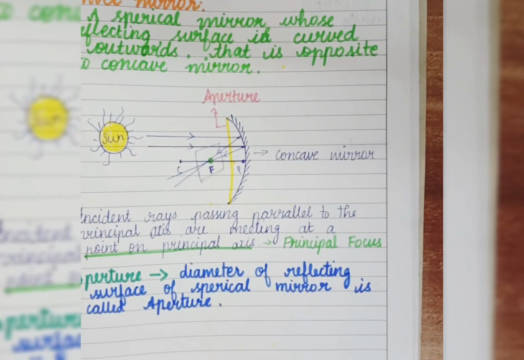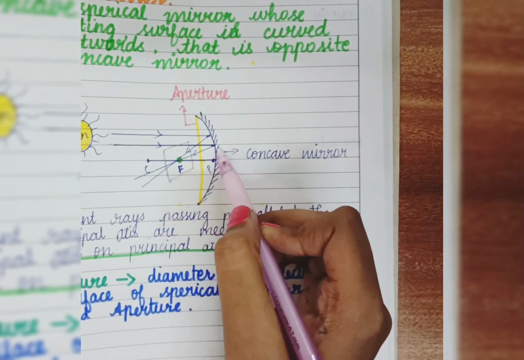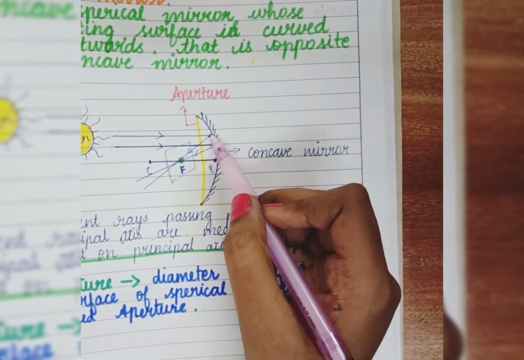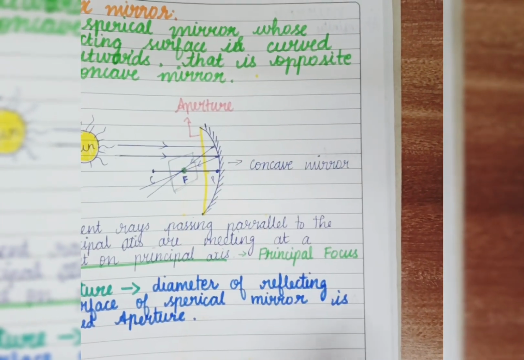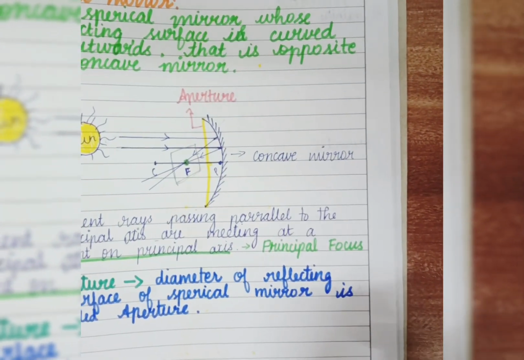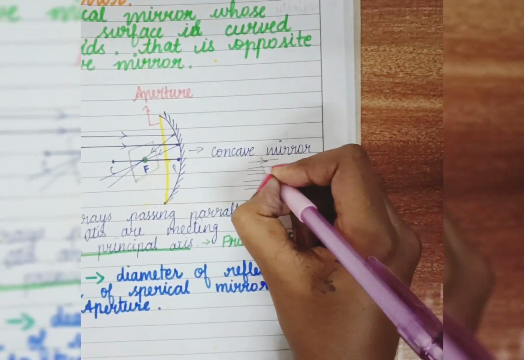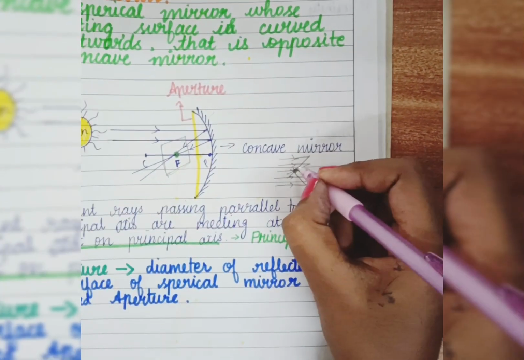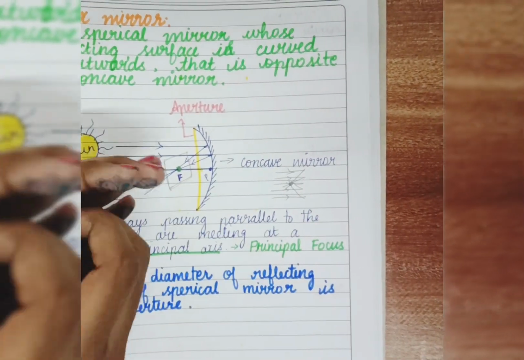Now we also understood that rays passing parallel to the principal axis of the concave mirror are reflected to a point called the focus. This shows that a concave mirror is converging. Converging means all the incident rays that are passing will converge at a particular point, whereas the light rays passing through a convex mirror will diverge.